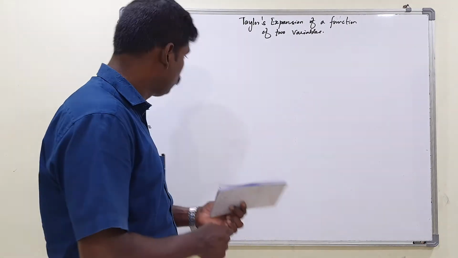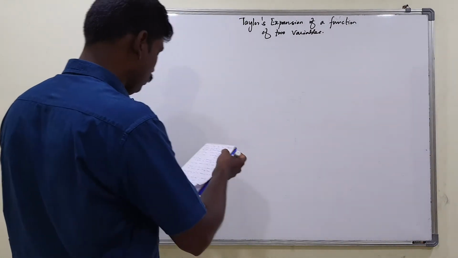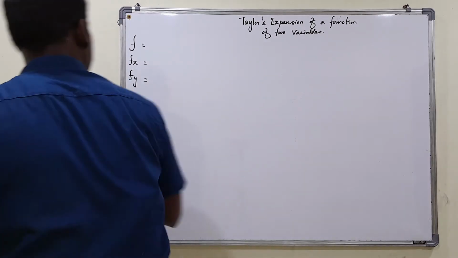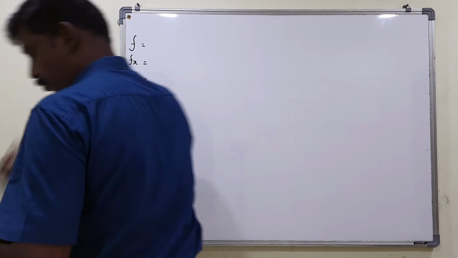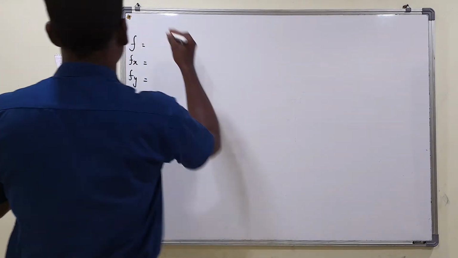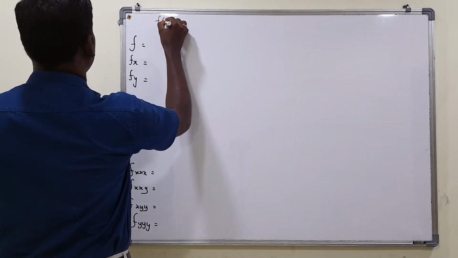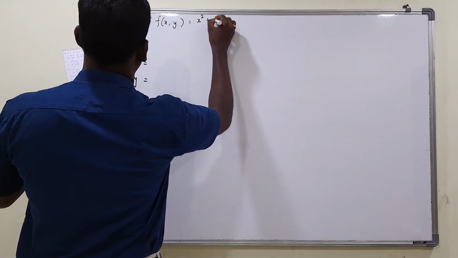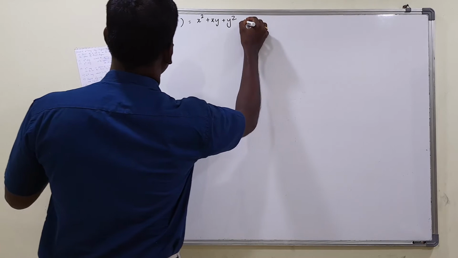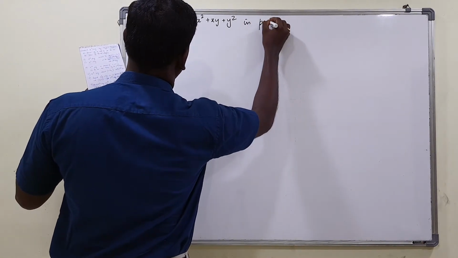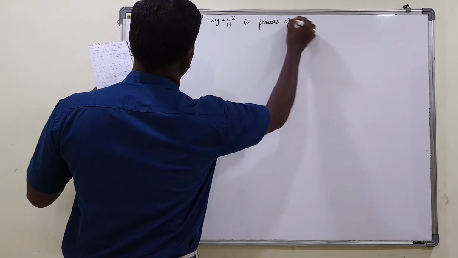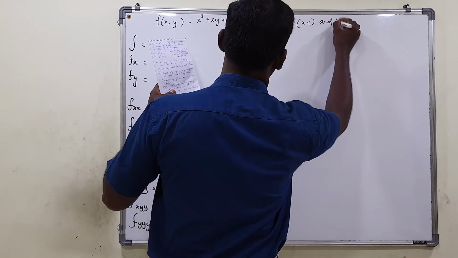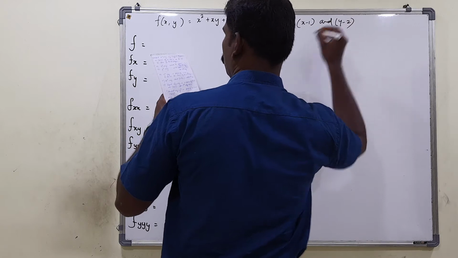First one, find the Taylor series of f of x comma y equal to x square plus xy plus y square in powers of x minus 1 and y minus 2.